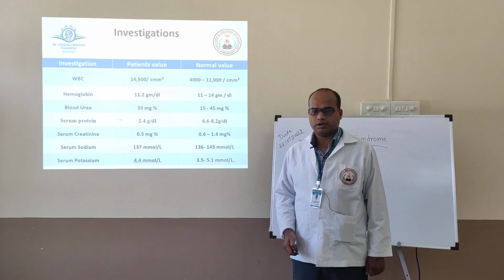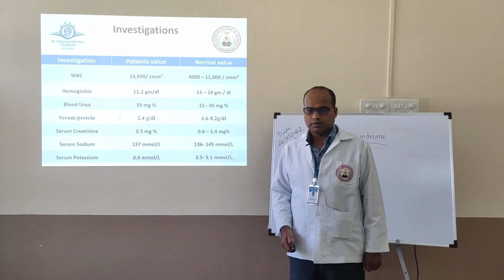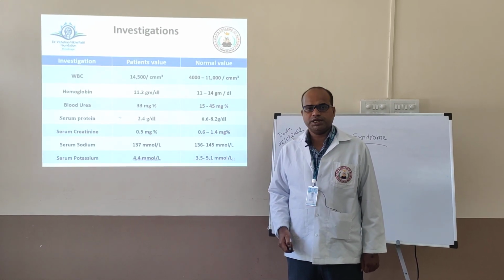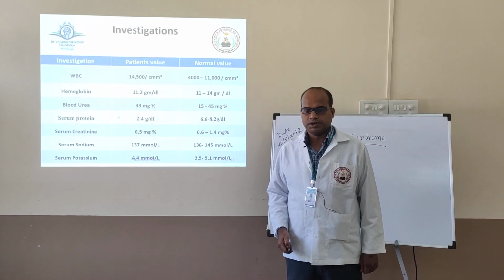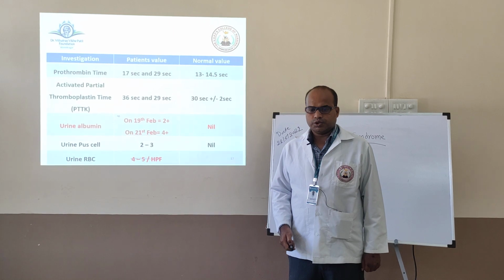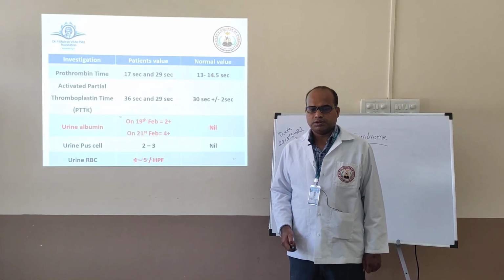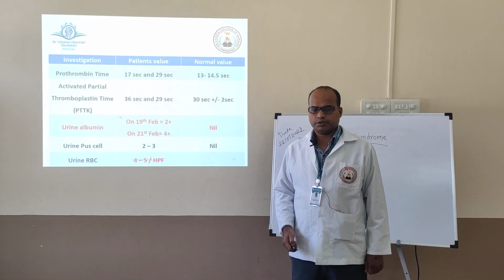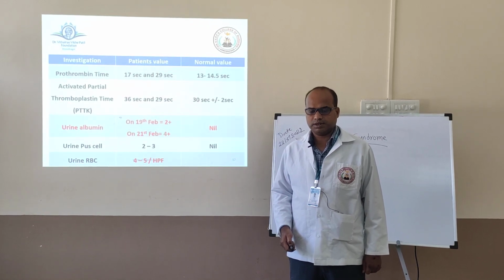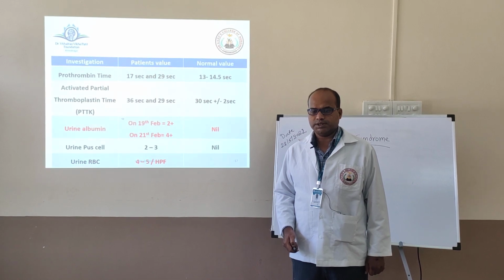Investigations required are the WBC count, hemoglobin level, blood urea level, serum protein, serum creatinine, serum sodium, and serum potassium level. Prothrombin time is to be checked. Then the activated partial thromboplastin time needs to be checked. Urine albumin level, urine pus cells, and urine RBC.